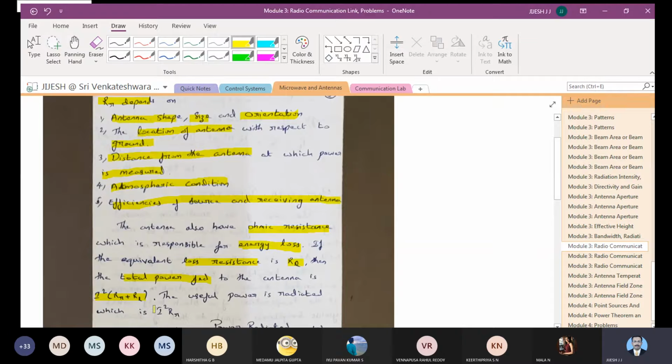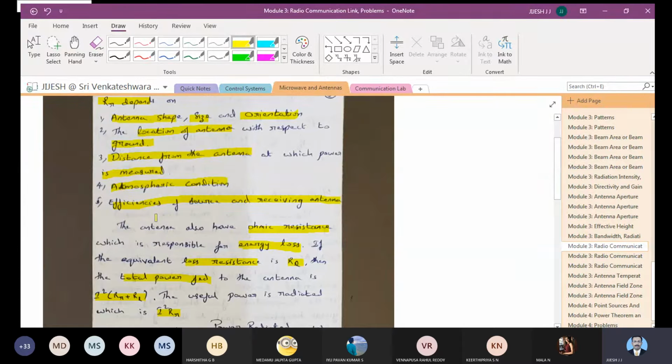So when you feed the power, it should be I square into RR plus RL. When the power is getting radiated, it will be I square into RR. We have to understand these things. These are the parameters which the radiation resistance mainly depends upon.